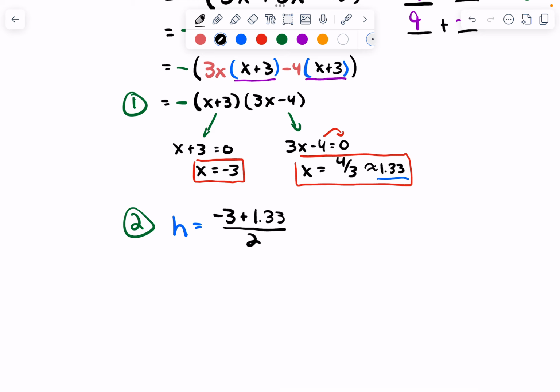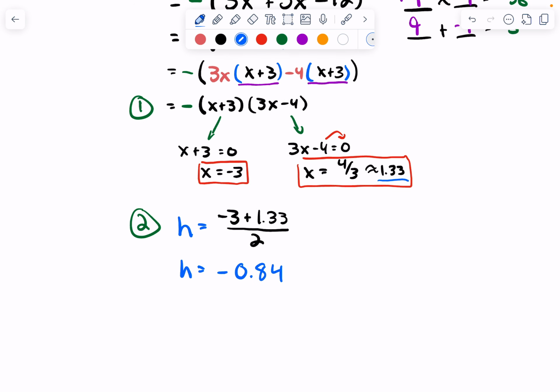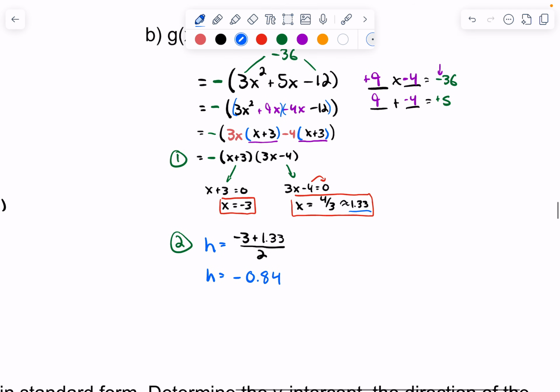So you'll get an h value. H is equal to, so negative 3 plus 1.33, divide that by 2, and you'll get negative 0.835. So 0.84, we'll round up. Okay, we found the h.